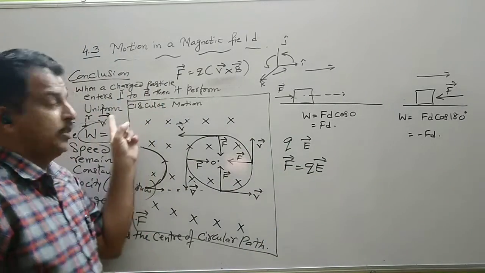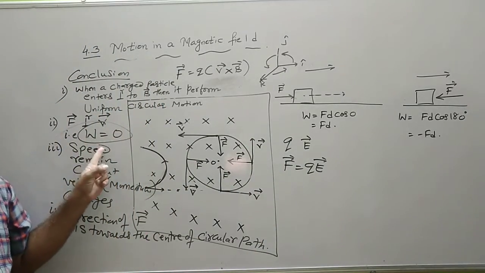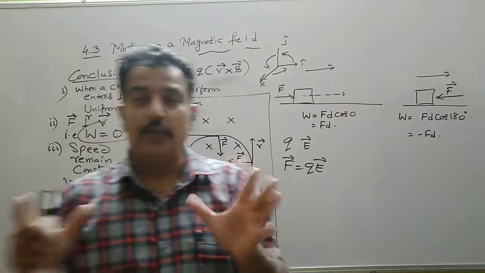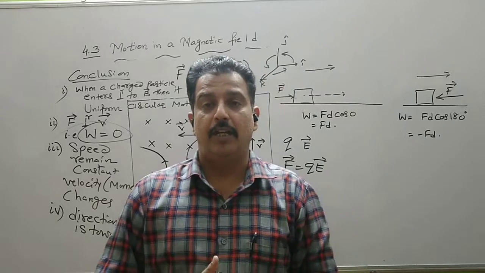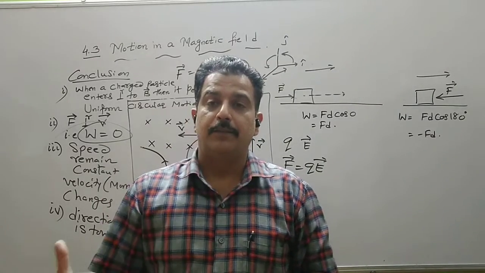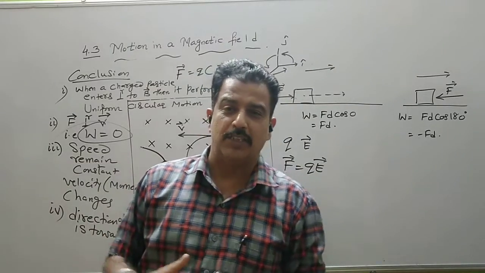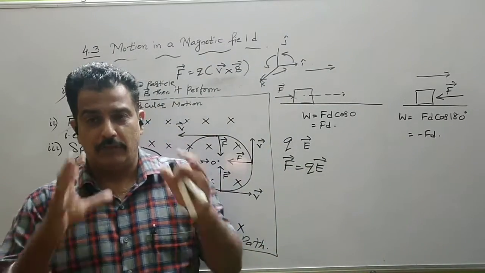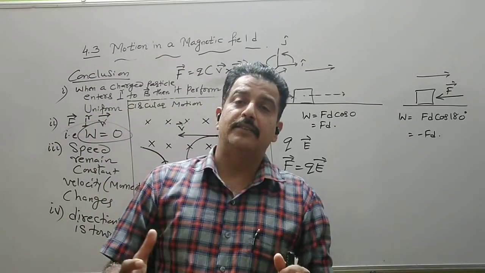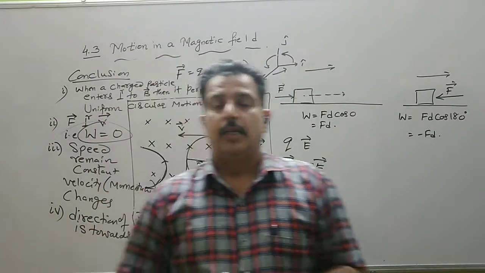While in this situation, the work done is 0. But if a charged particle enters only an electric field, work is being done on it. That work done gives rise to the potential energy that we have seen. So there is a transfer of energy as well as a transfer of momentum.